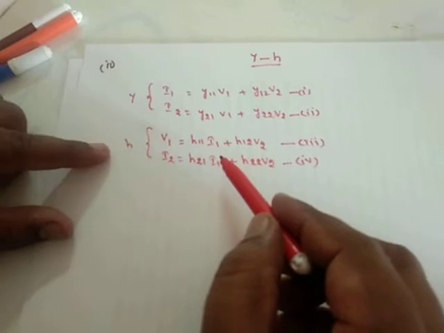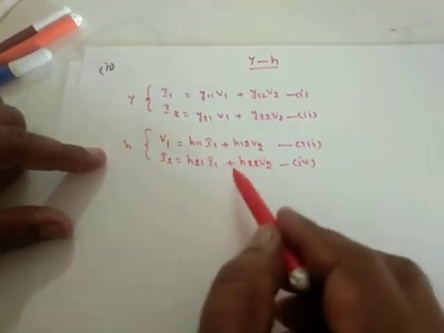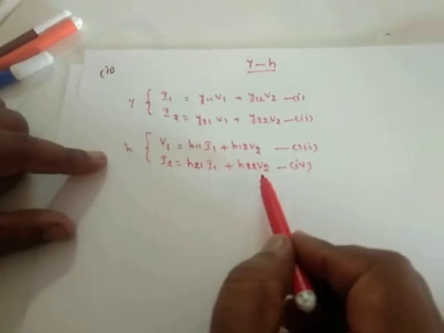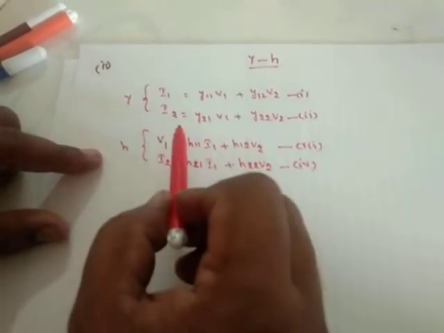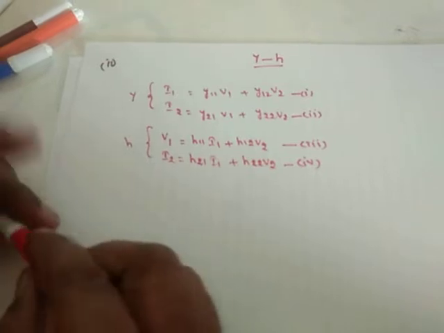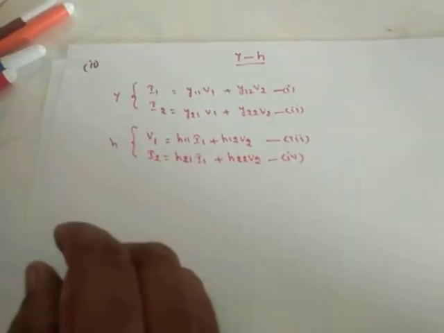So here also in H we have to modify equations 3 and 4 in such a way that I1 and I2 are the dependent variables.